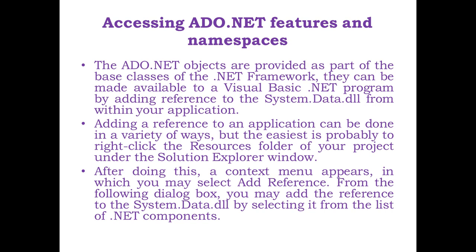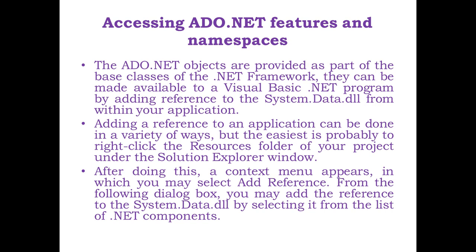The ADO.NET objects are provided as part of the base classes of the .NET framework. They can be made available to a Visual Basic .NET program by adding a reference to the System.Data.dll, DLL meaning dynamic link library, from within your application. Adding a reference to an application can be done in a variety of ways, but the easiest is probably to right-click the References folder of your project in the Solution Explorer window.